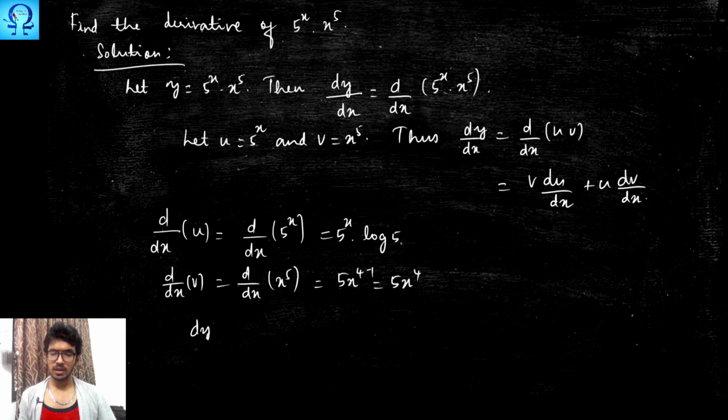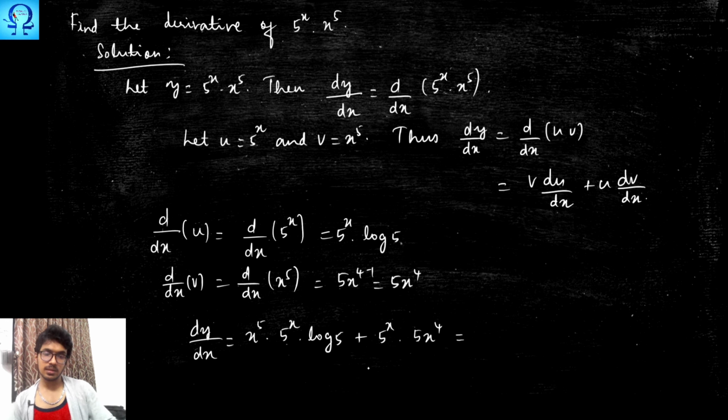Therefore dy upon dx is what? V is x^5. x^5 times the derivative of u. So that is 5^x times log 5 plus u. U is 5^x. And when you differentiated v, what did you get? You get 5 times x^4. If you wish to take things in common, you can take x^4 outside, 5^x outside.